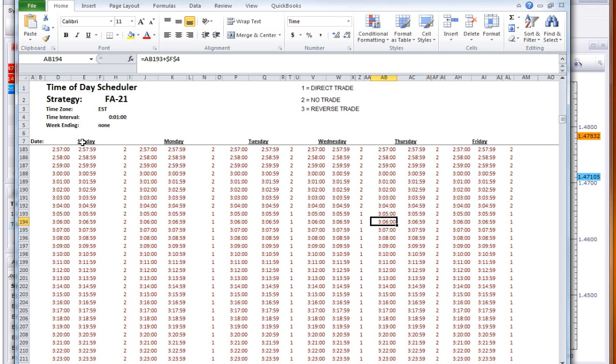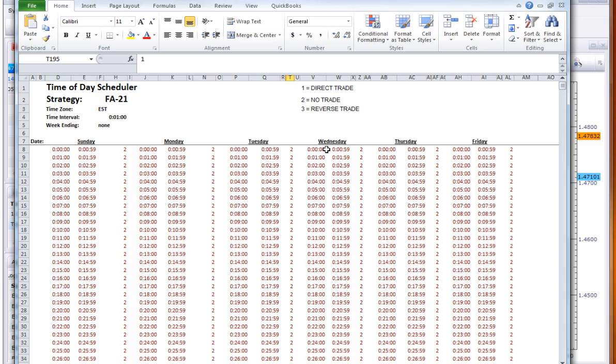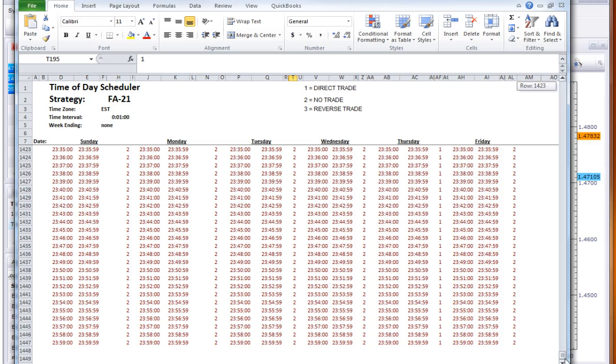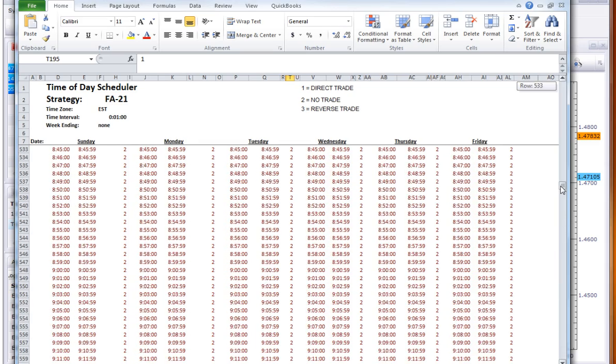Scheduler file is Sunday through Friday, the trading week, and every minute of the day is identified here in this file. And you can see that the file starts at midnight and goes all the way through the whole day, every minute of the day. So we're going to take a look at, in this particular case, it's Wednesday.